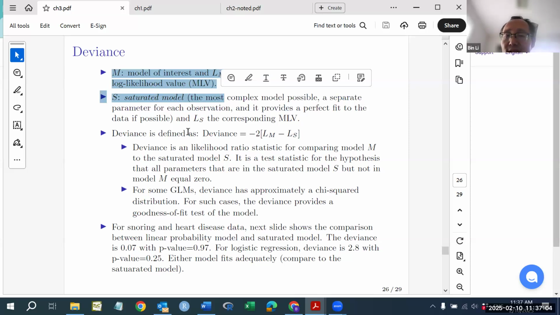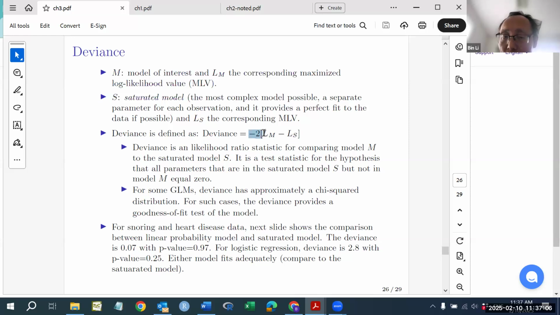The deviance is defined as -2 times the difference between the maximum likelihood value for the model of interest, L_M, and the maximum likelihood value for the saturated model, L_S.